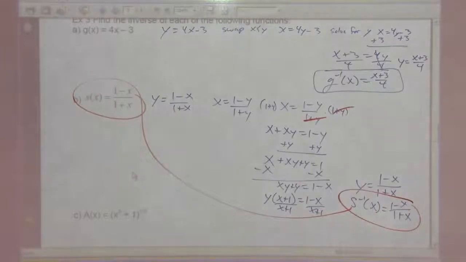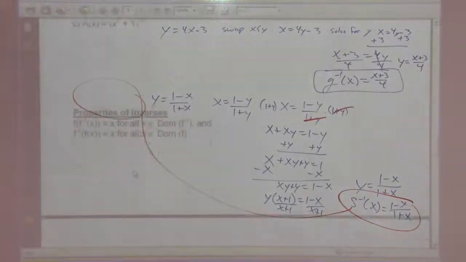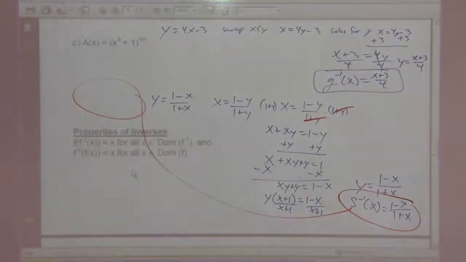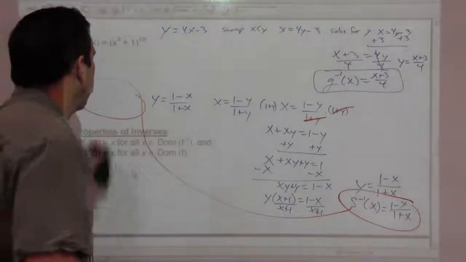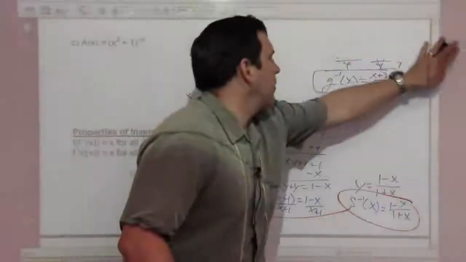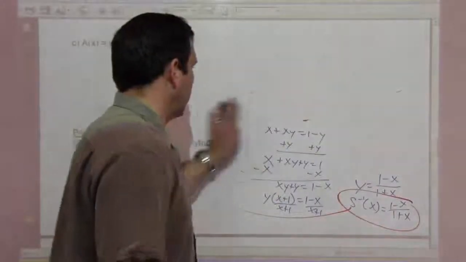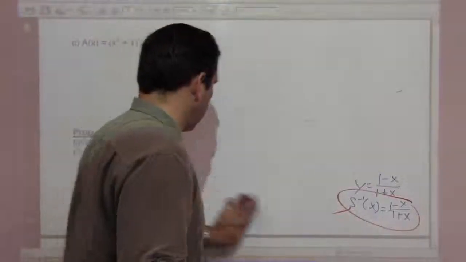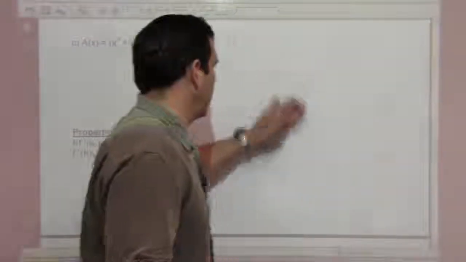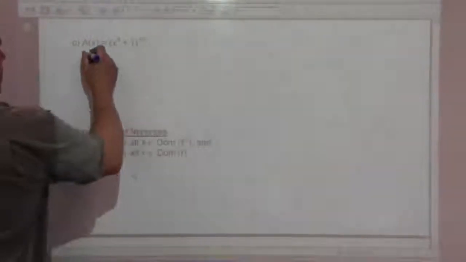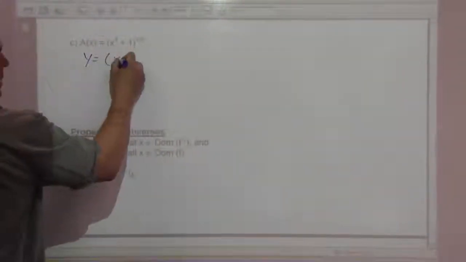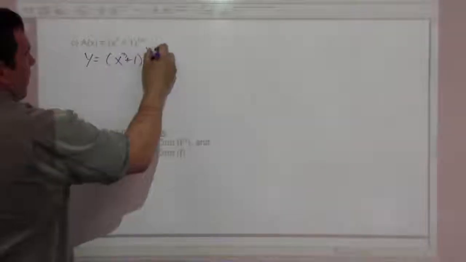Let's go to C. We have y equals x cubed plus 1 to the 1/5.